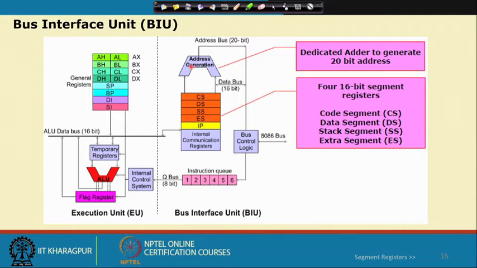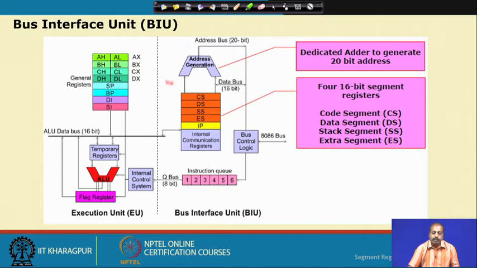And there is a separate address generation ALU. This is one 20-bit adder, dedicated for this purpose. If you look into this diagram, there is one ALU in the execution unit which also has the capability to do addition, but this ALU is not given the task of generating addresses.